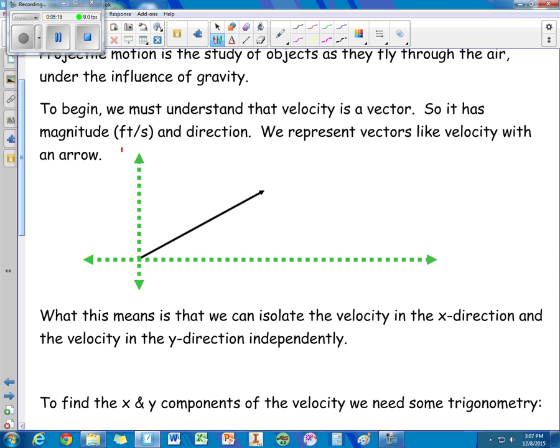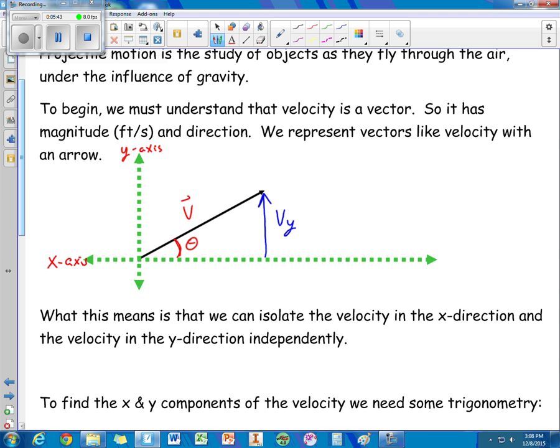Now, if this right here is the y-axis, and this is the x-axis, we can see that this velocity vector is being launched at some sort of angle. That means that we can take this and break it up into its x and y components.